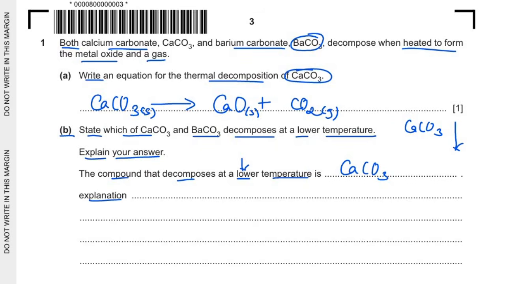Now the explanation for this is that the Ca2+ has a smaller cationic size.